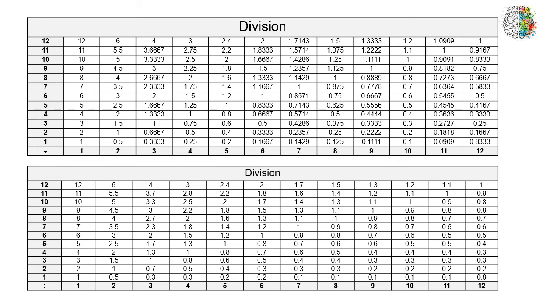So you'll notice in these two tables, the first table, I have rounded to 4 digits after the decimal, and on the second one I have rounded to just 1 digit after the decimal. So on this table you can start to see the relationship, the patterns, and how they differ based on how many digits after the decimal that you're going to round to.